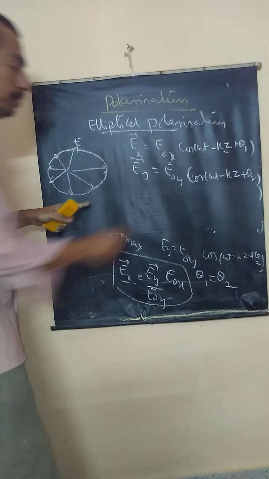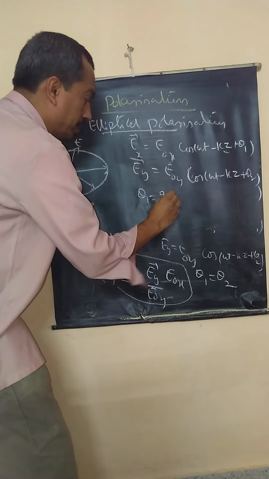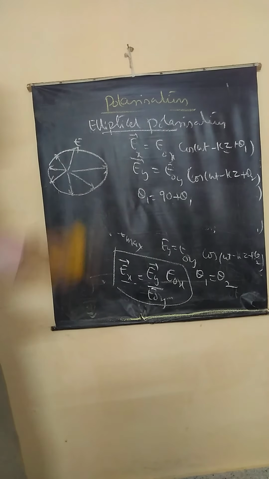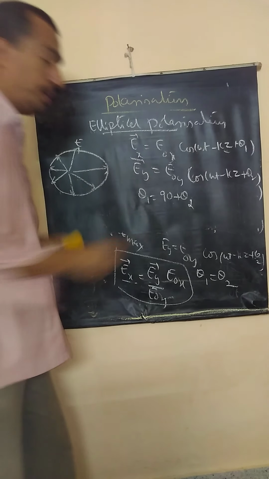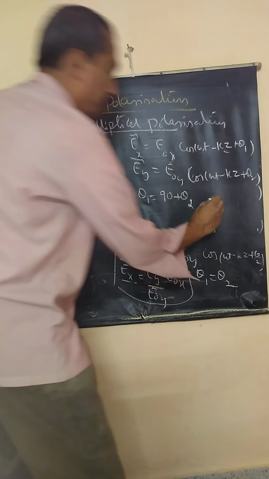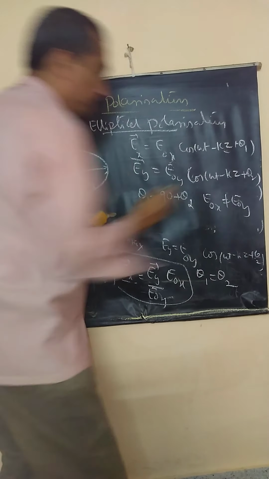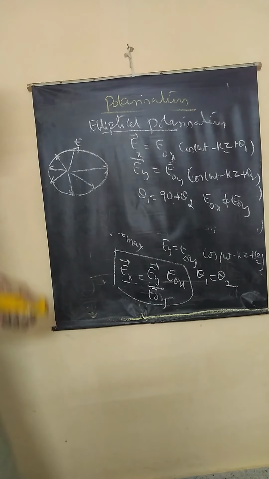Now the phase difference between these two, theta 2 minus theta 1, if it is 90 degrees and if their amplitudes are not equal, what do you get now?